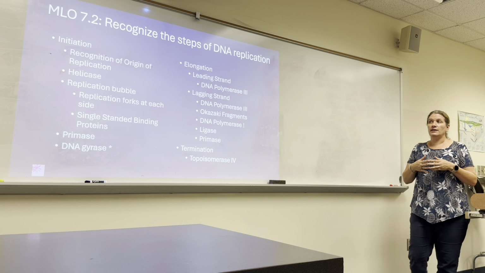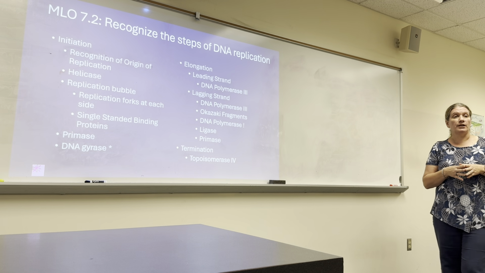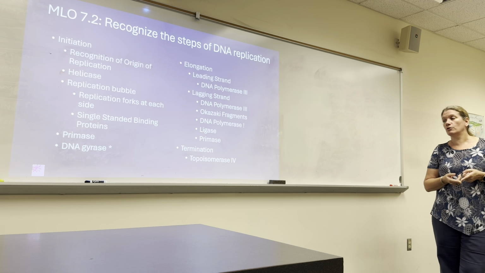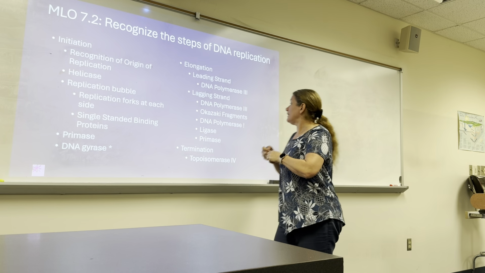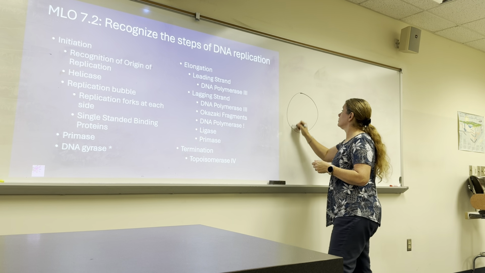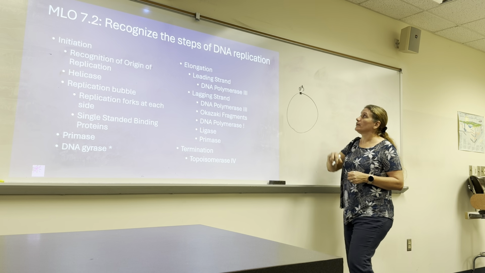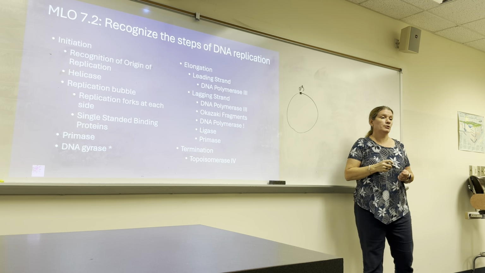Initiation is going to mean that we need to recognize the origin of replication. In bacterial cells with a circular DNA, there is only going to be one origin of replication. That is that one place needs to be recognized, and from there we will start DNA replication.